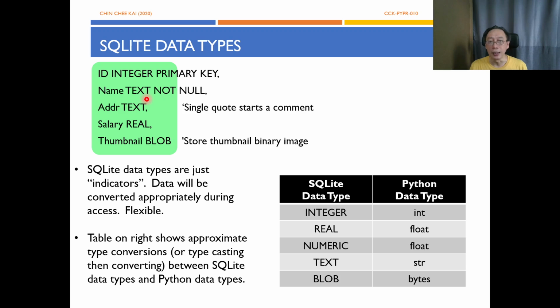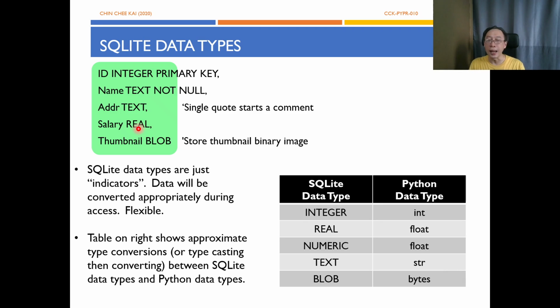And we also have real, right? Salary here as real. Real simply means like Python's float. That means there will be decimal places. Again, this is really up to SQLite to implement. Maybe it detects that you are using long decimal place numbers, then internally it is probably going to use even higher precision, taking up more memory to represent your large decimal real numbers.